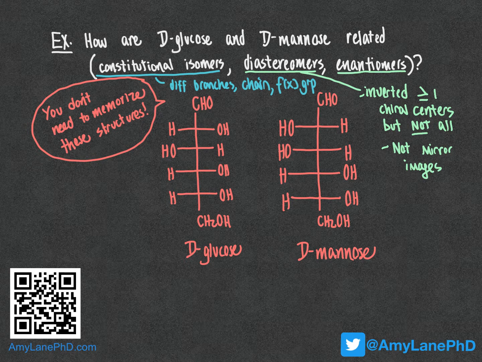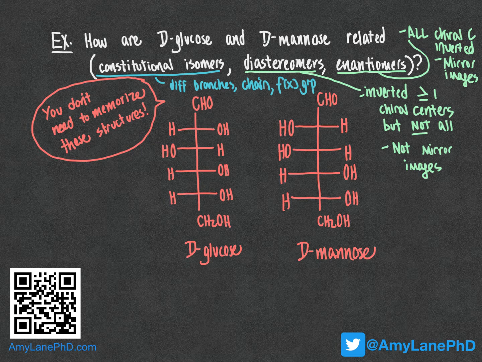On the other hand, enantiomers refer to situations where all of the chiral centers have inverted. As a result, the structures are non-superimposable mirror images of one another. We can recognize that chiral centers have inverted in Fischer projections because the OH group that was on the right will become on the left for the corresponding position of the other structure.